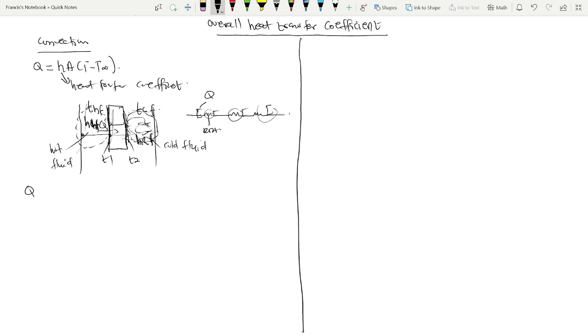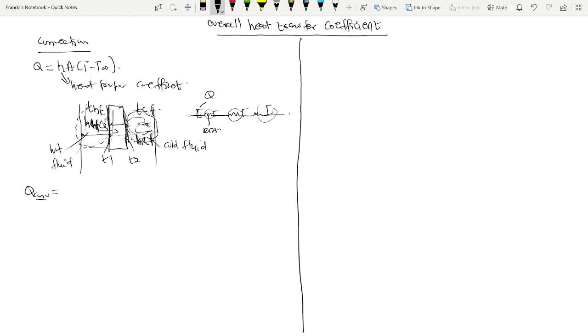So the same idea here. The heat transfer passing through here will be the same passing here, and the same passing through here. Now for the first part, which is by convection, they are the same though, but I'm writing convection so that we understand that it's the first part.